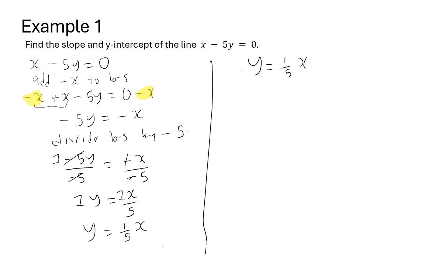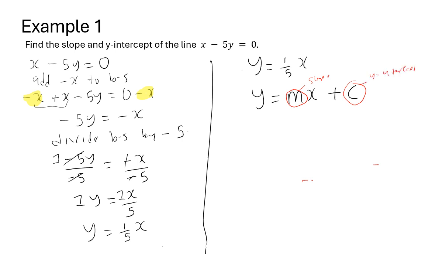Now let's remember the representation of a straight line is y equal to mx plus c. If you compare these two, we can see that m is the slope, and this is the y-intercept. So this is the slope, this is the y-intercept.